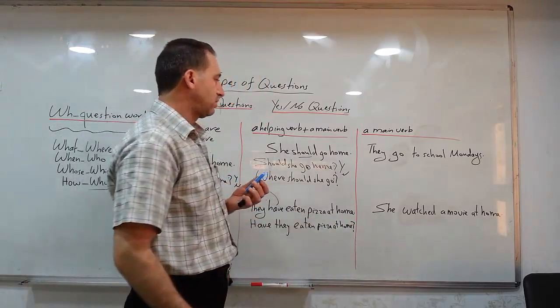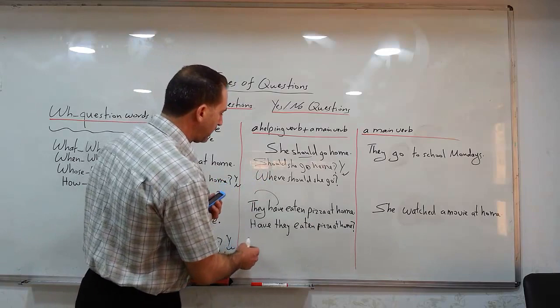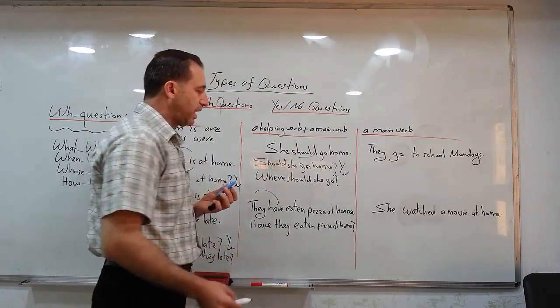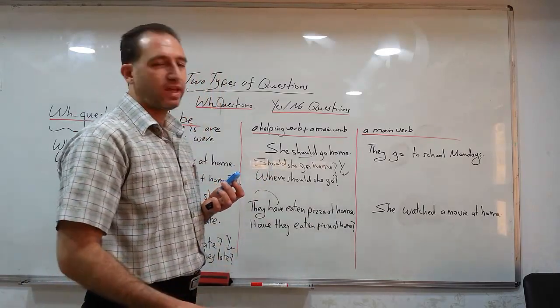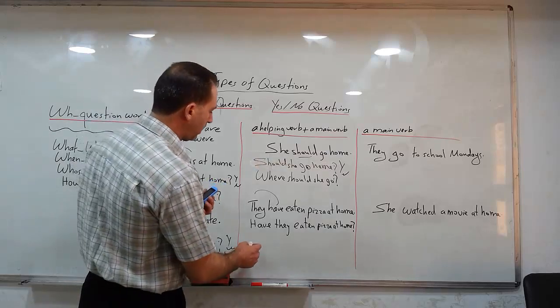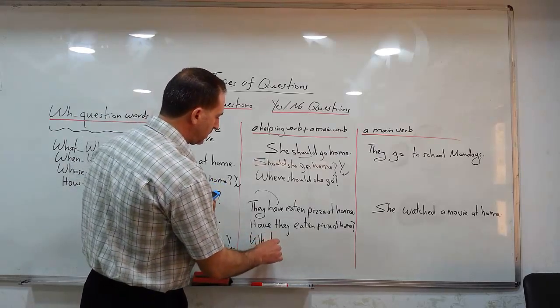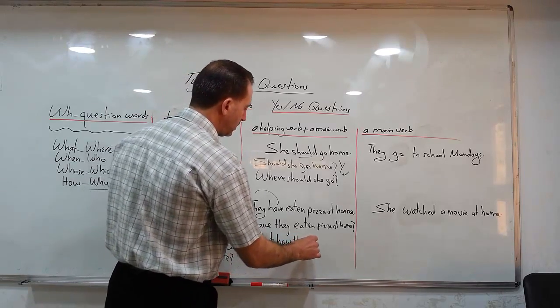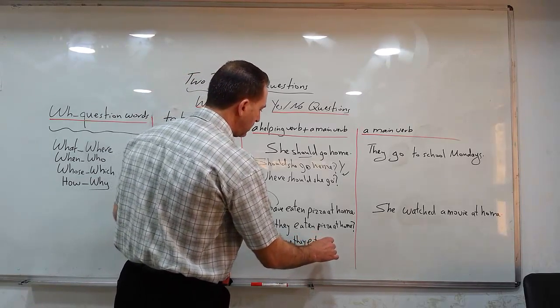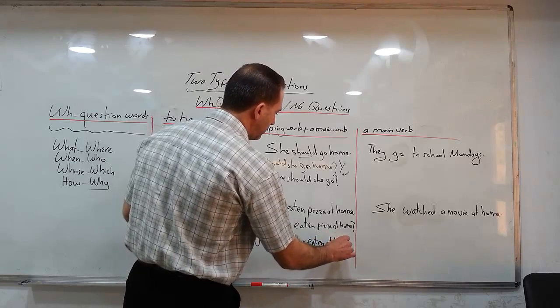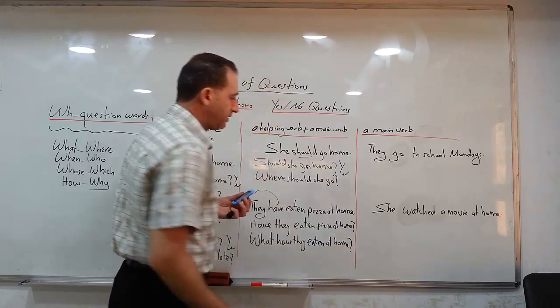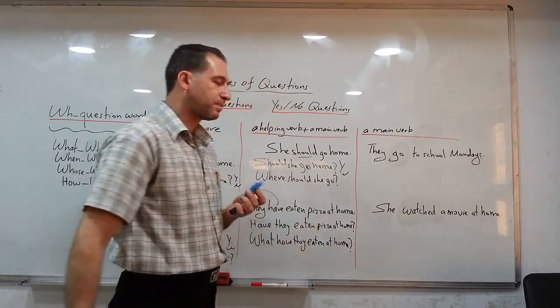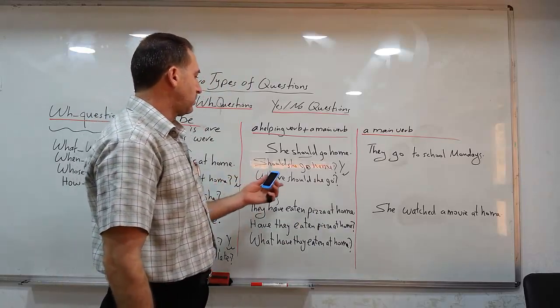I can ask about what they have eaten, by the way. I can say: what have they eaten at home? And the answer is pizza. Okay, where should she go?